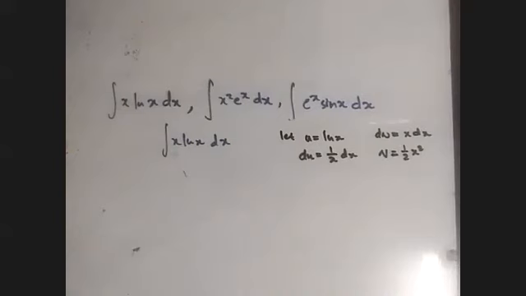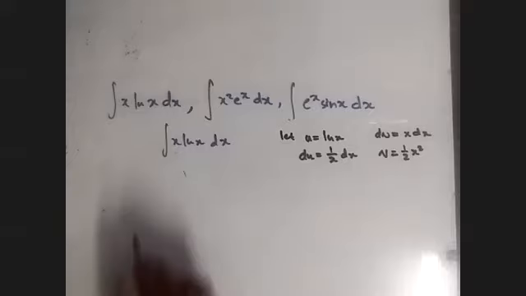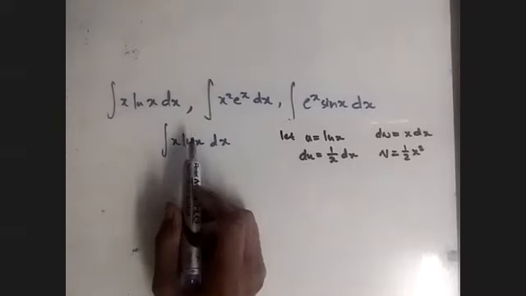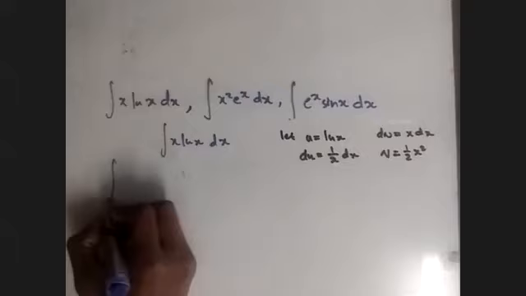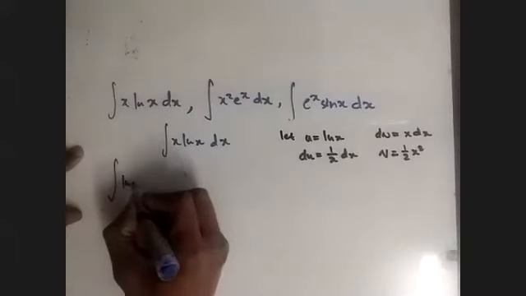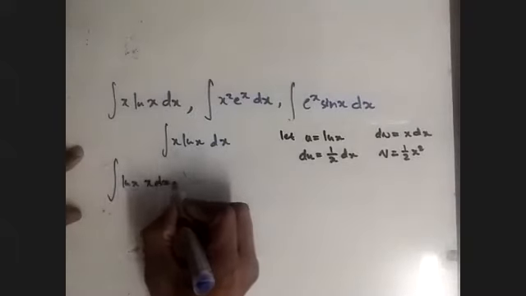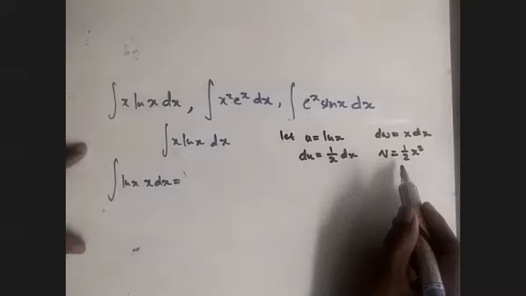So what we are going to do: our u is ln x, our dv is x dx, and then we multiply u and v.